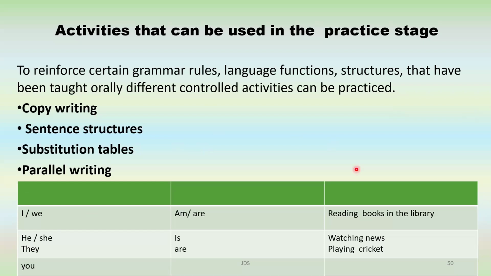Go through them and ask me if you don't understand anything. Always remember, 2 tasks are required for the practice stage. Either both can be controlled if the learners are very slow learners, or else one controlled and one semi. It depends on the learner level.